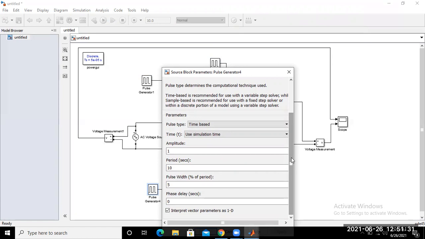Since thyristor number 3 and 4 conduct simultaneously, 1 and 2 conduct simultaneously. So amplitude is again 10. Period is 0.02.